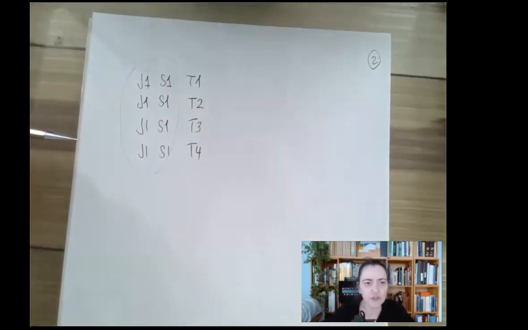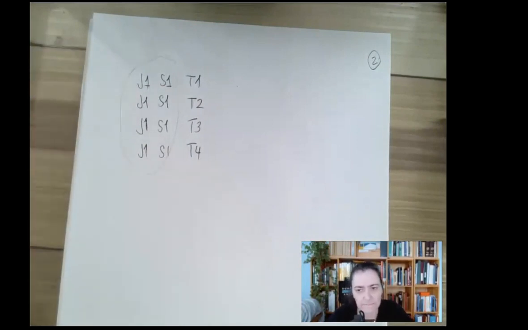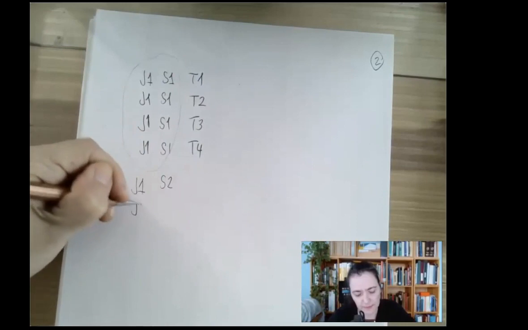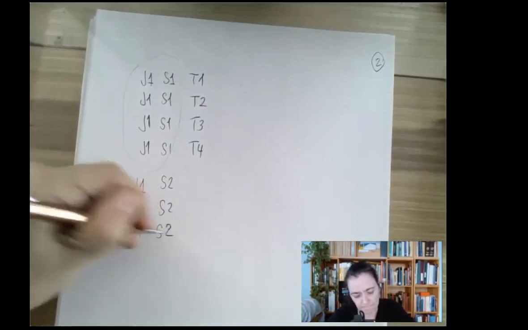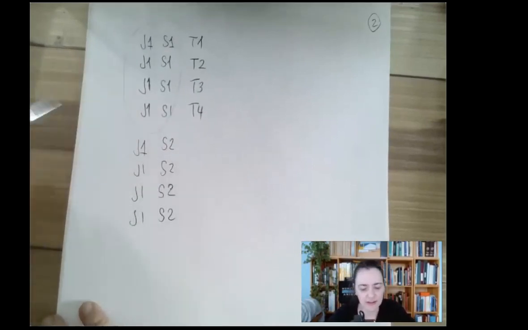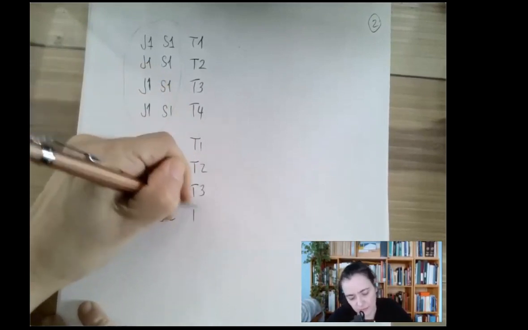And then when we roll up, what should be the next selection, if you want to be organized and list it this way? We keep jeans 1, but now shoe 2. And jeans 1 and shoe 2 with the first t-shirt or the second or the third or the fourth.